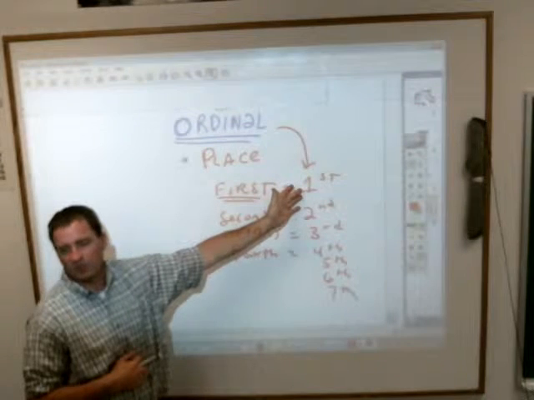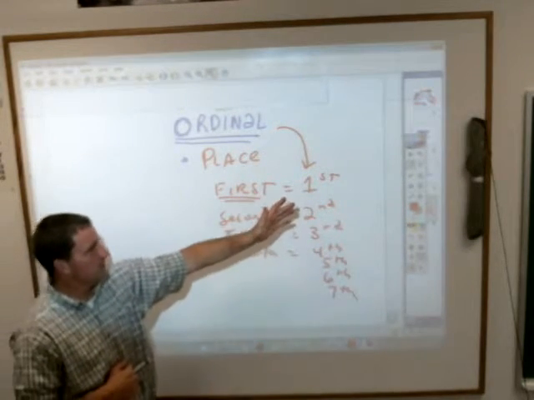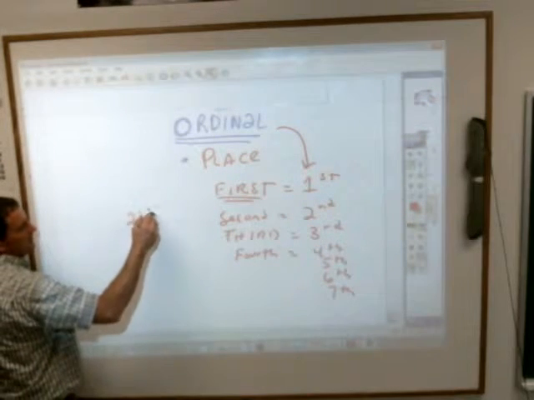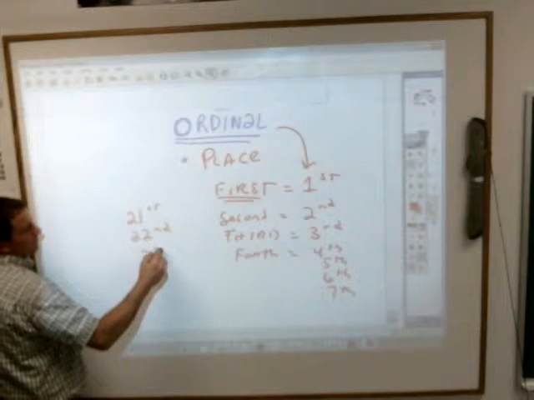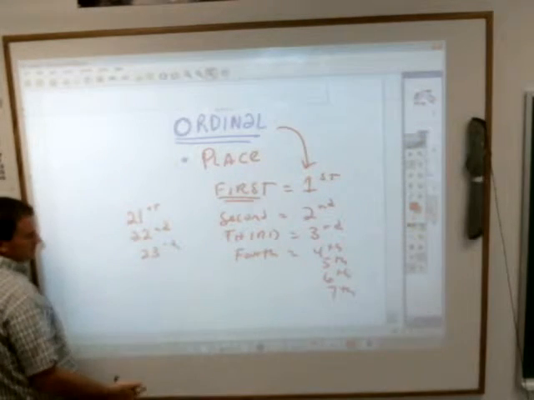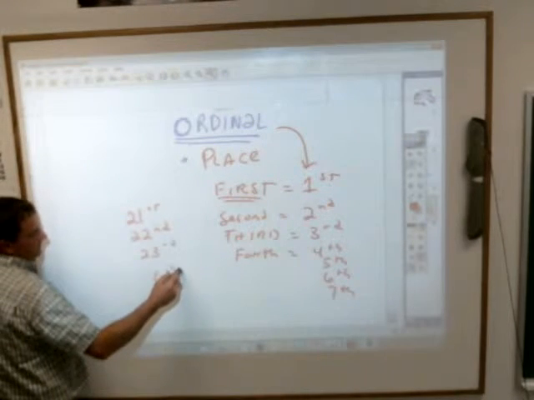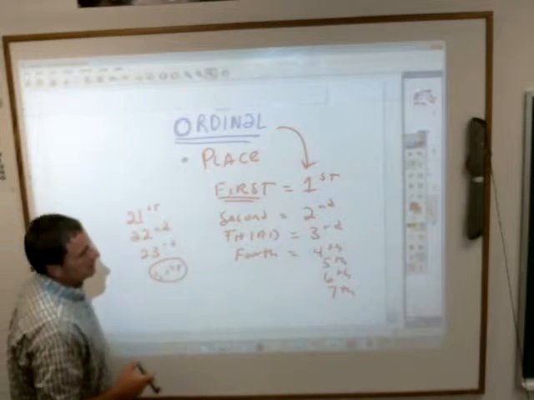You don't use the 21st place or the 22nd place. It is 21st place, 22nd place, 23rd place, and then you go back to the TH. Same thing with 51st place. Something is bad over here on my board. I think it's got to be the bottom.